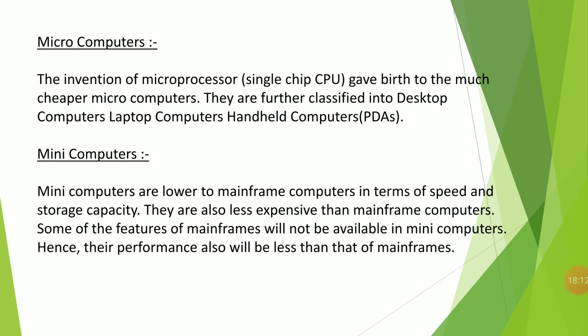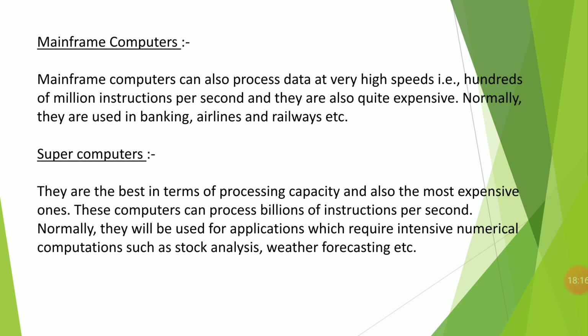Next is mainframe computer. Mainframe computers are larger than mini computers. A mainframe computer processes data at very high speed, which is measured in millions of instructions per second. These are very expensive computers.